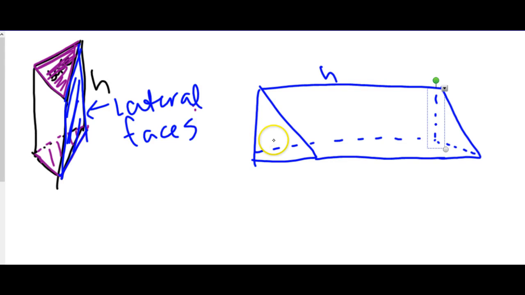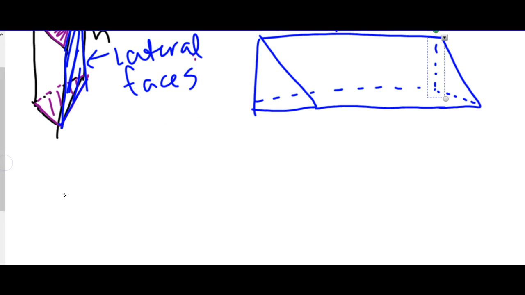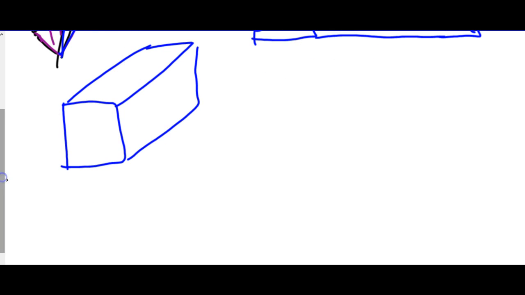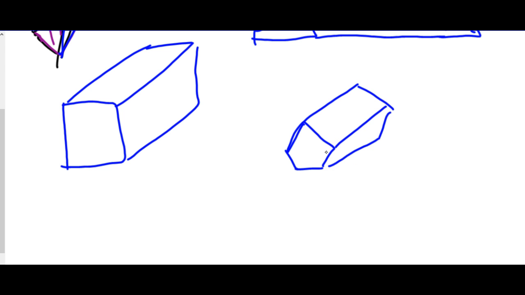And you don't just have to have a triangle, you could have a rectangular prism, or even more sides to the base, we could have a pentagonal prism. So on and so forth.